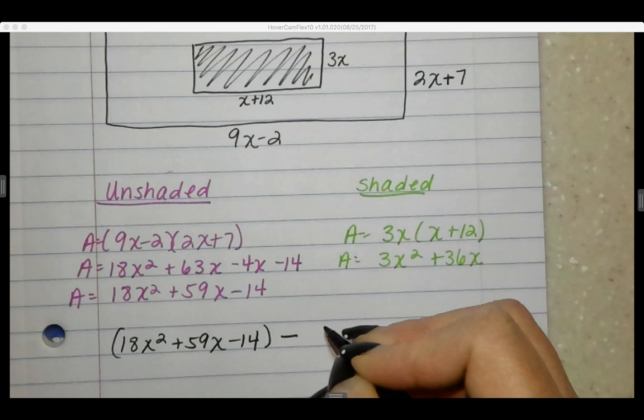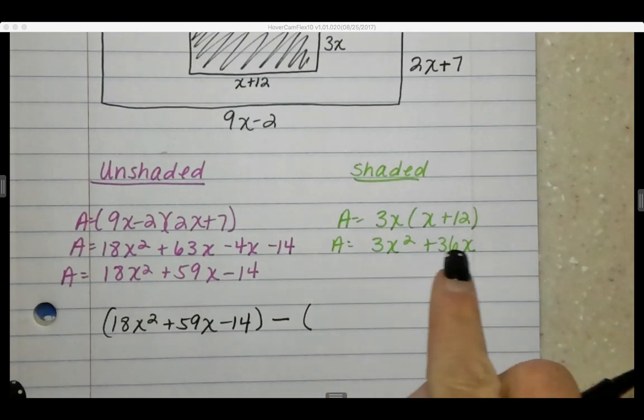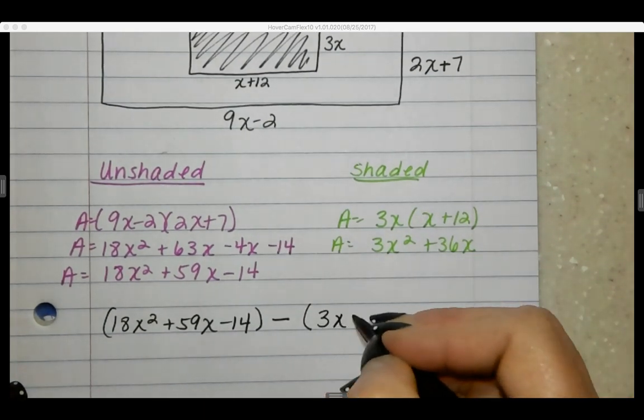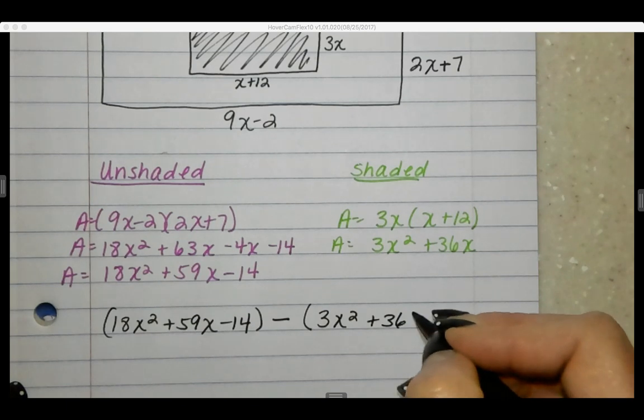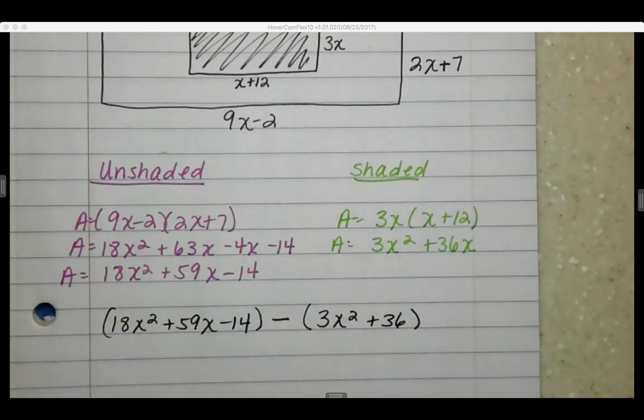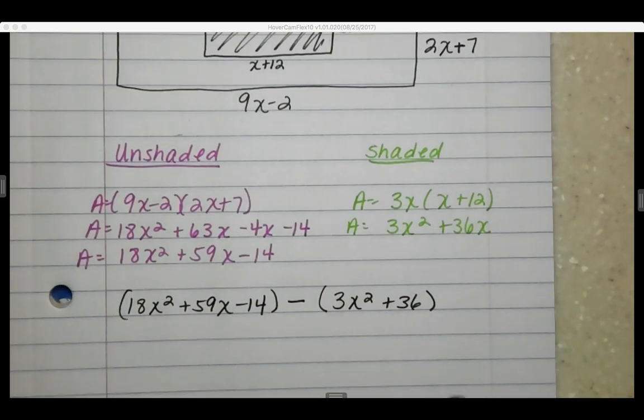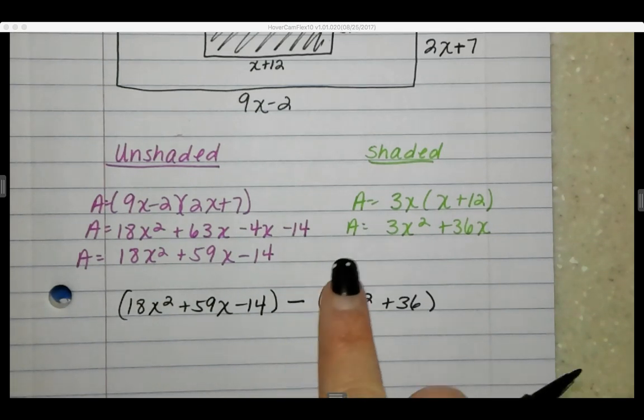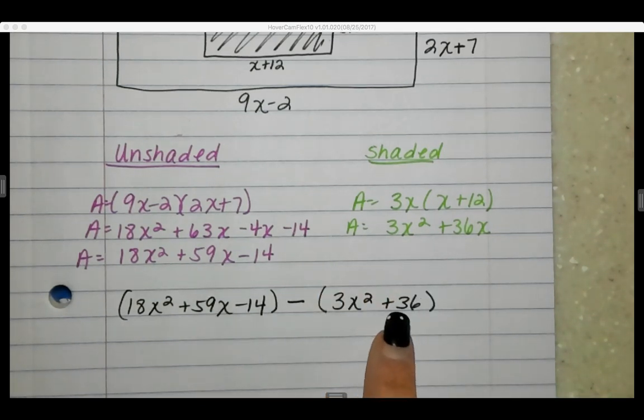Minus this whole expression. So if you recall in a previous video, I said this can be tricky for some kids because they'll forget to subtract this term and subtract that term. Some kids will look at this and go, oh, I'm supposed to add 36. No, you're not. You're supposed to subtract a positive 36.